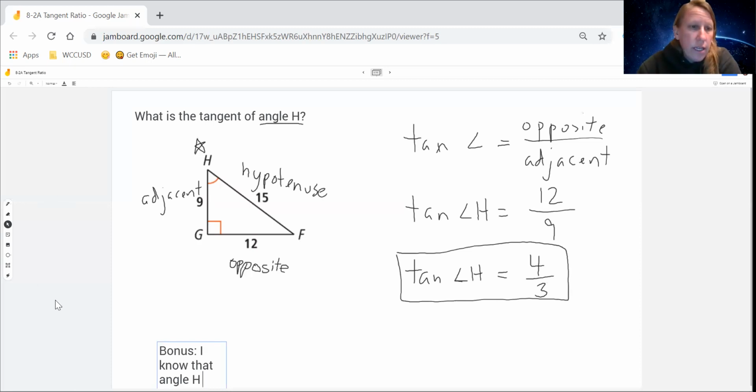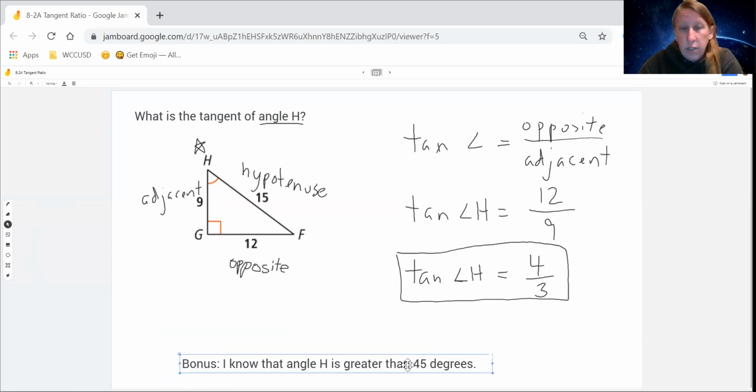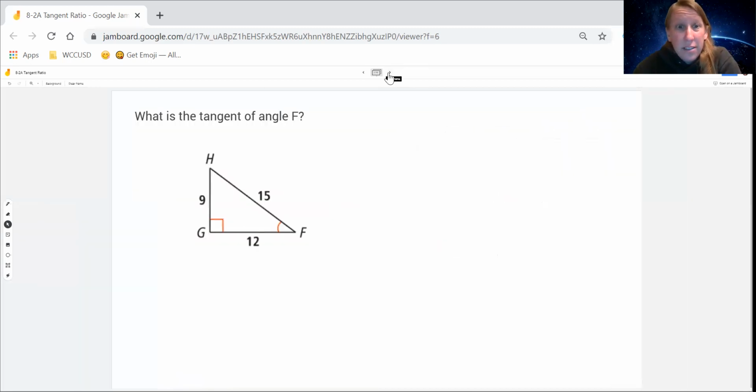I know that angle H is greater than 45 degrees. Do you see how I know that? I wonder if I could find out how big it is. Interesting.